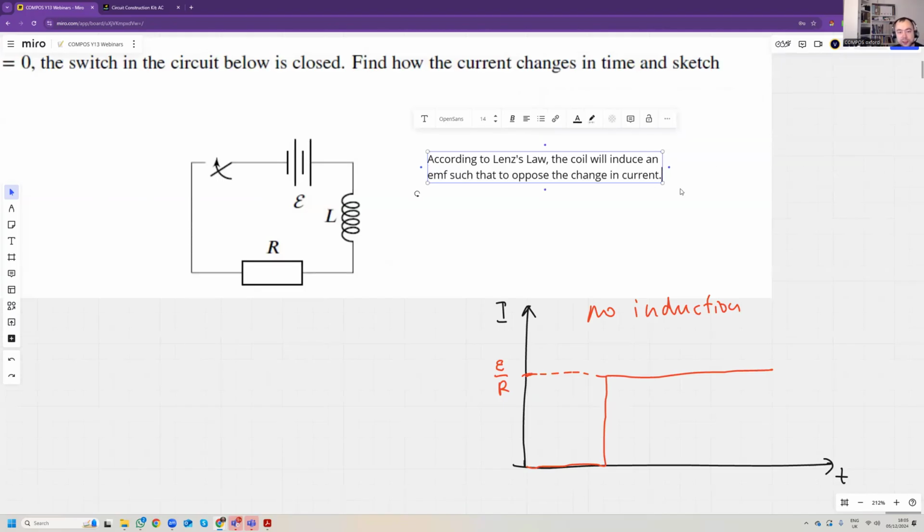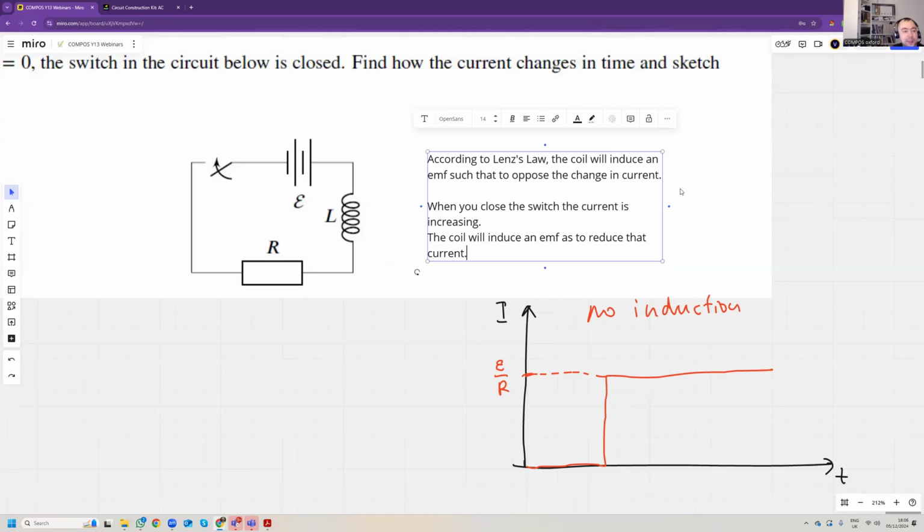So the current is increasing when you close the switch. The coil will induce an EMF so as to reduce that current.